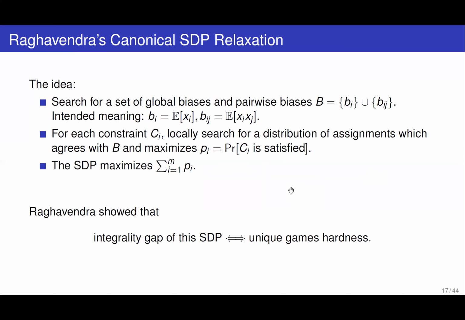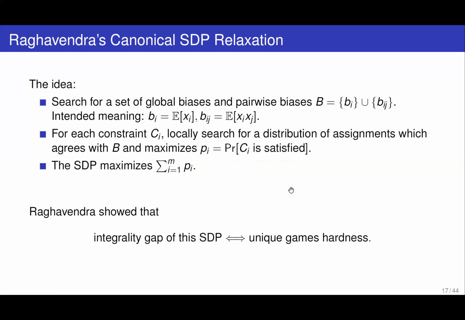And then for each constraint C_i, the SDP locally searches for a distribution of assignments which agrees with the global biases and pairwise biases and maximizes the probability that this clause is satisfied. The objective of the SDP is to maximize the sum of the p_i's.